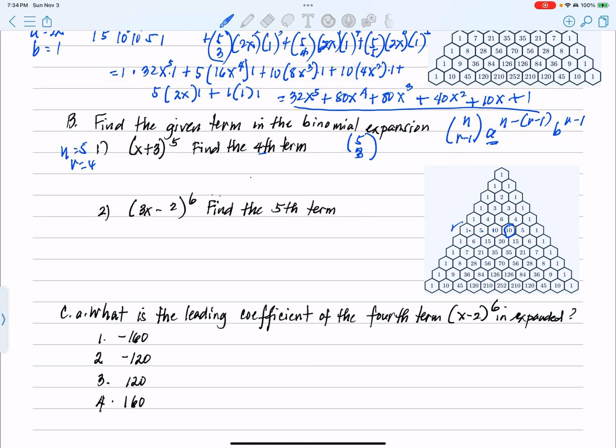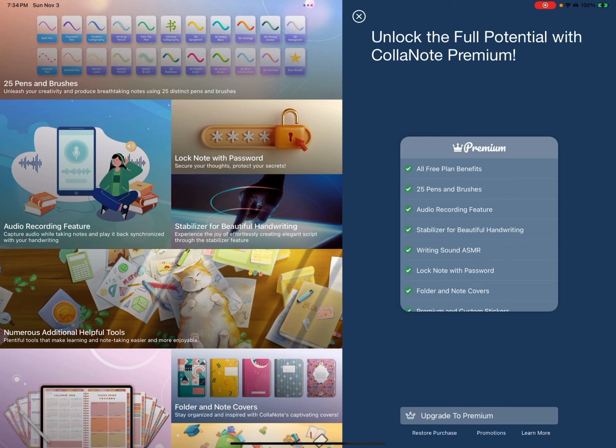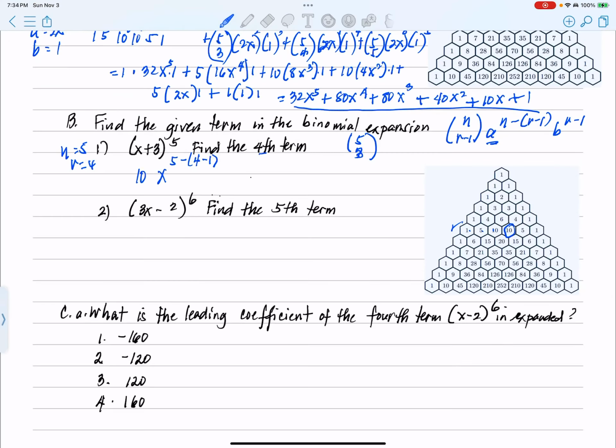Okay, I'm going to write it here again. So this is the fourth term of the row. And then the first term, which is x, the exponent should be n, our n is 5, minus r, r is 4, minus 1. And our second term is 3, to the r minus 1.